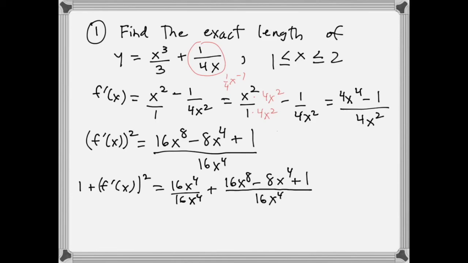So what do I get if I add these two? Well, if you add 16x to the 4th to negative 8x to the 4th, you actually get positive 8x to the 4th. So this is what I get.